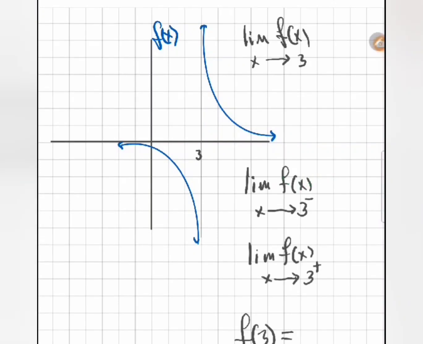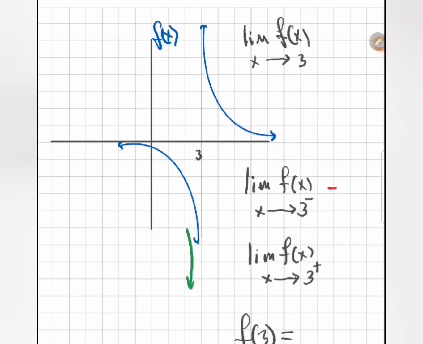Let's start with that. So what do you think it's equal to? So here's 3. It's the vertical asymptote. And as we follow the curve, as we approach 3 from the left side, notice that it doesn't converge to a specific y value. It keeps getting lower and lower and lower. So therefore, it goes to -infinity.